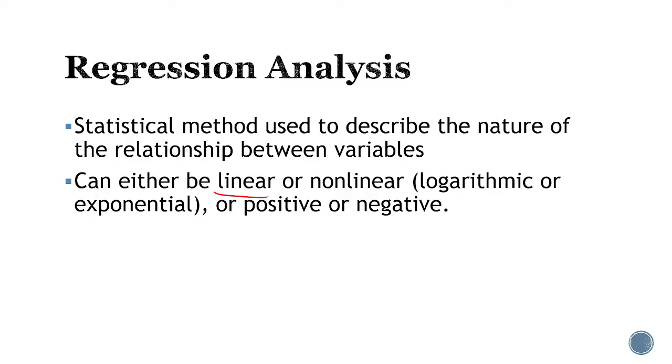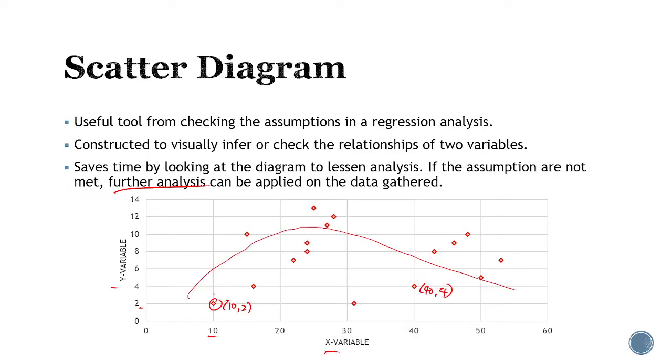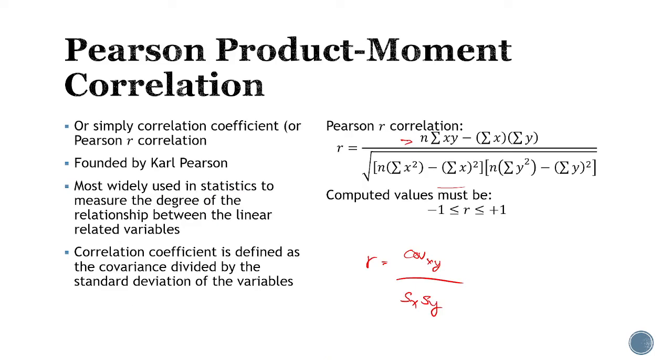By regression analysis, we use this statistical method to describe the nature of the relationship between variables, wherein we computed the regression line, or the equation of the regression line, wherein we extrapolated values from a given pairing of variables. We also discussed and introduced the scatter diagram.